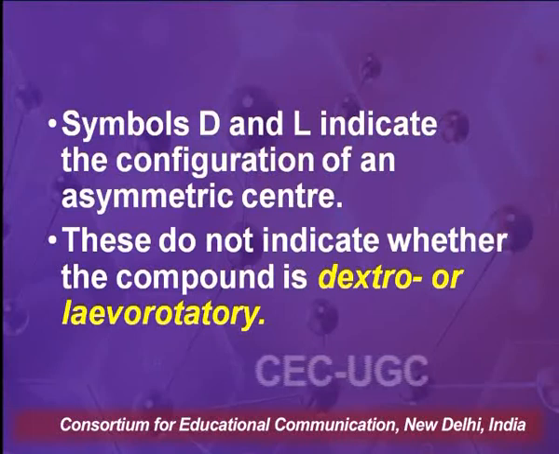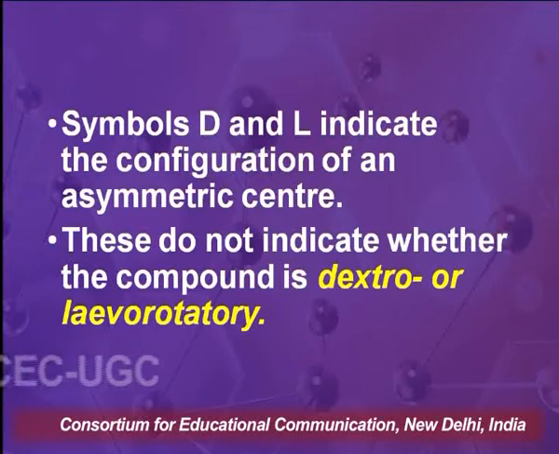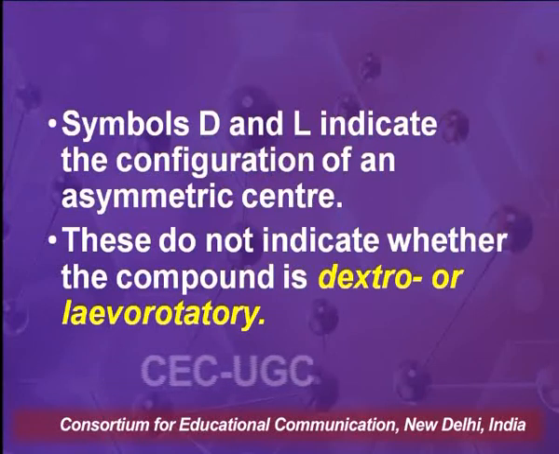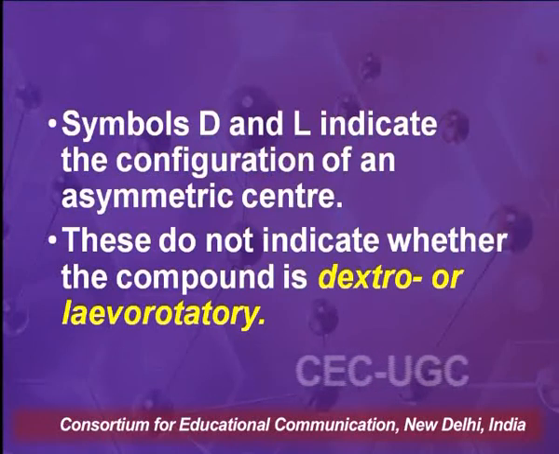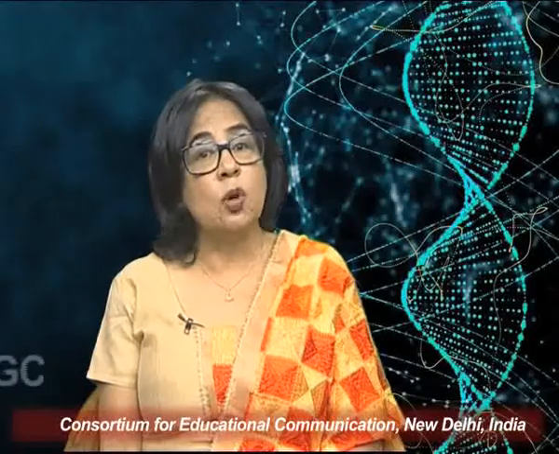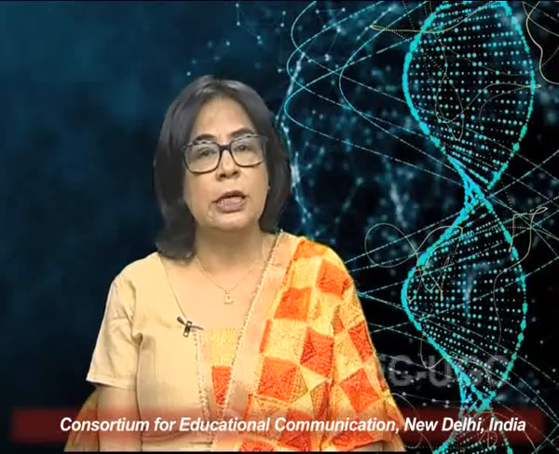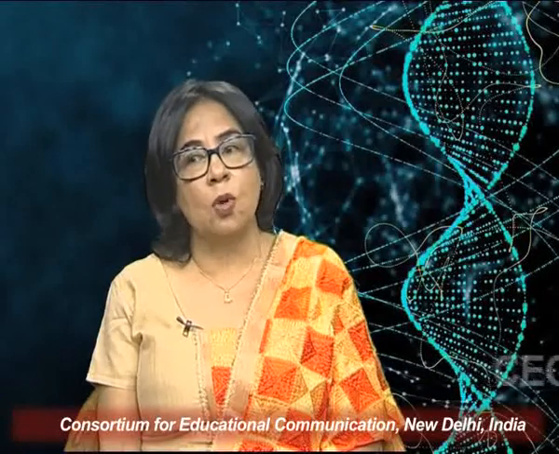So that means symbol D and L will indicate the configuration of an asymmetric molecule, and this does not tell us whether the molecule is dextrorotatory or levorotatory. So please do not confuse between capital D and small d and capital L and small l.